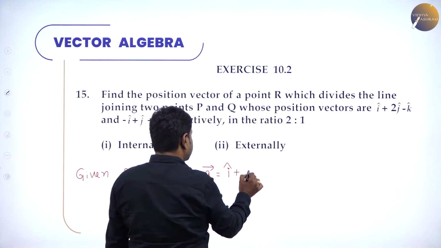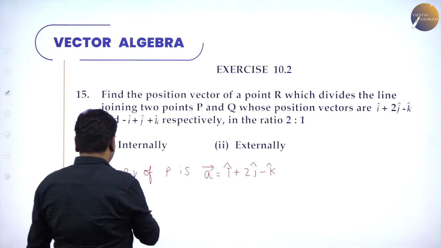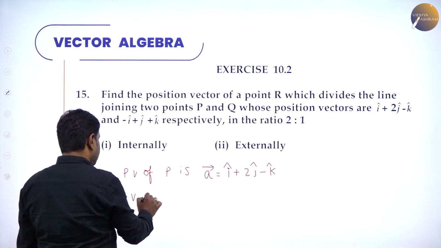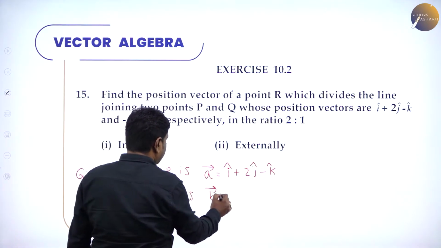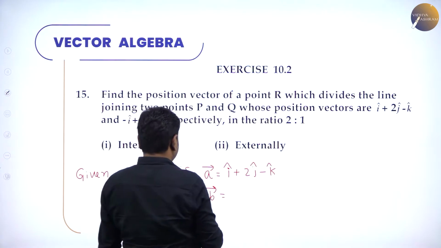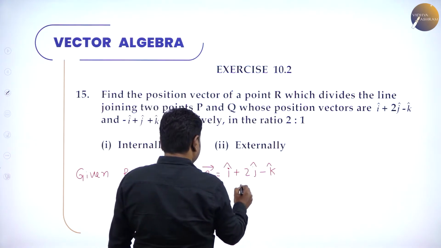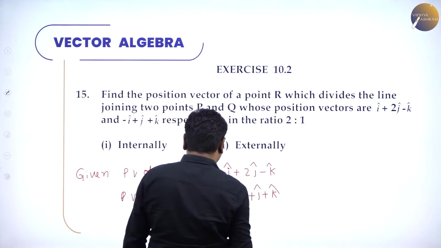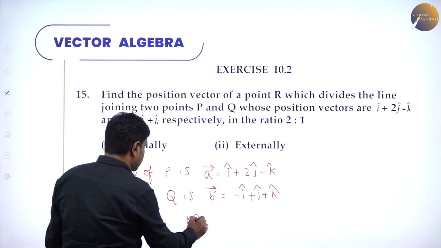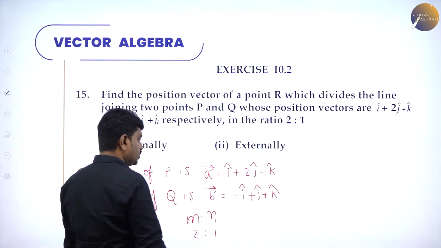And also they give the position vector of the point Q, and name it as vector B. Vector B, how much they give? That is minus i cap plus j cap plus k cap. Now they give the ratio. The ratio m is to n is 2:1. So m and n are also given.